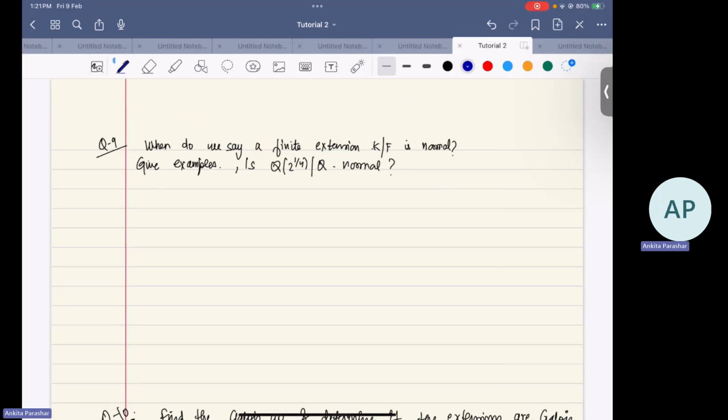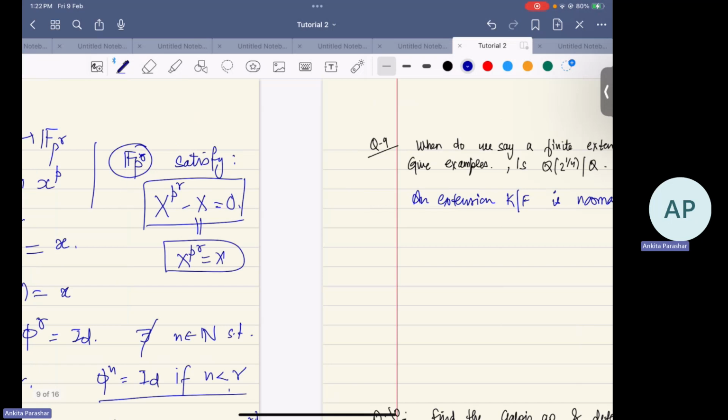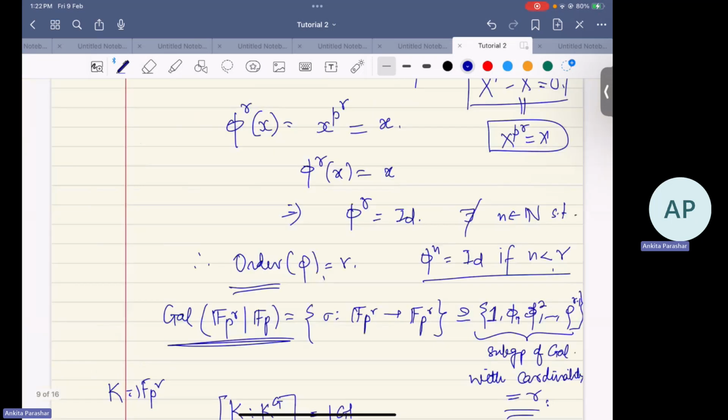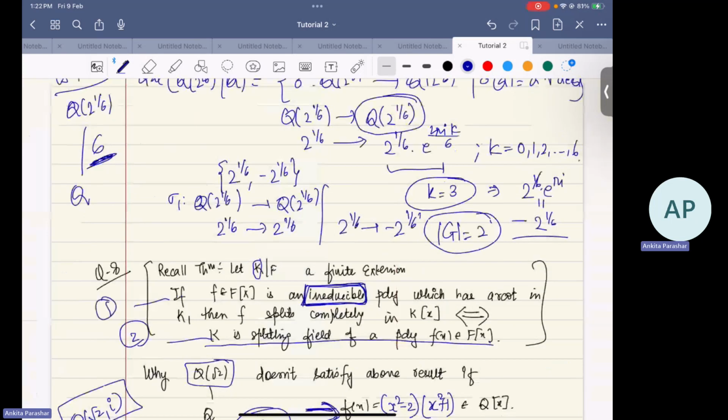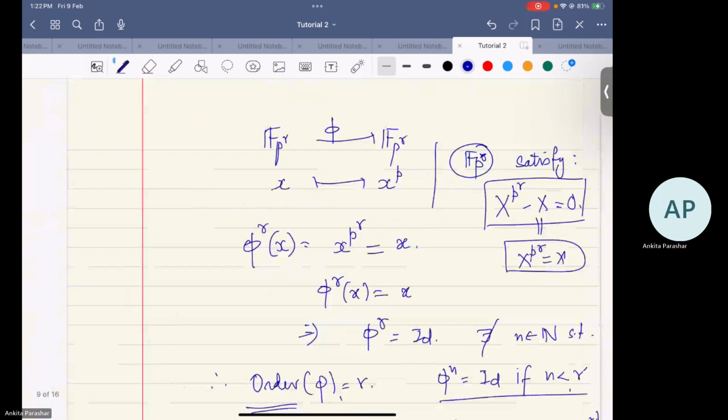If you can recall, an extension K over F is normal if and only if, whatever element you choose from K, the irreducible polynomial splits completely. Actually, the conditions that we have written in the previous theorem, any of them, if it is there, then we say the extension is normal. Or maybe I'll rewrite the irreducible polynomial.